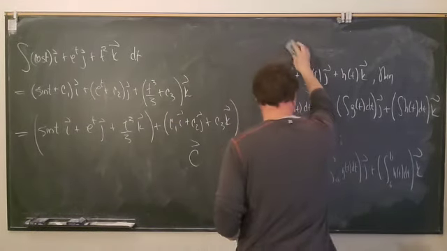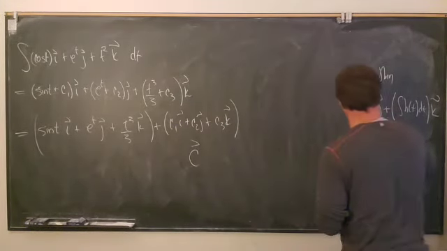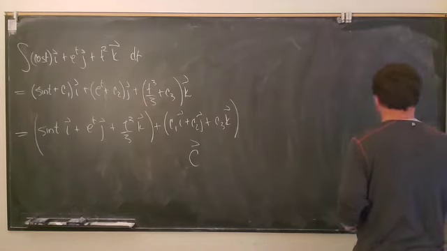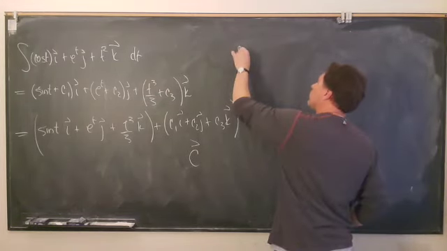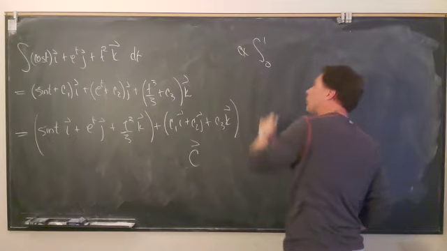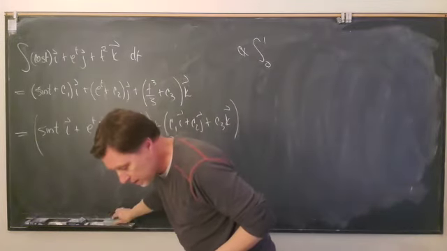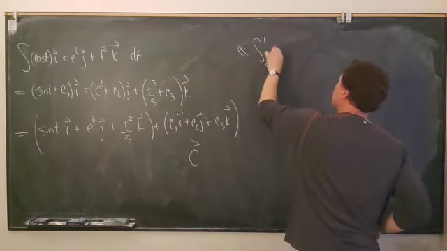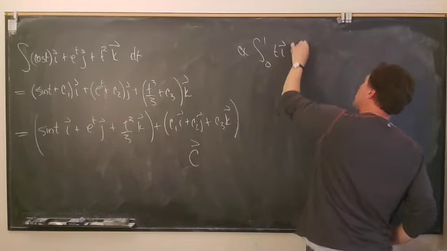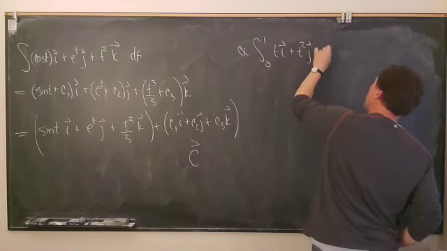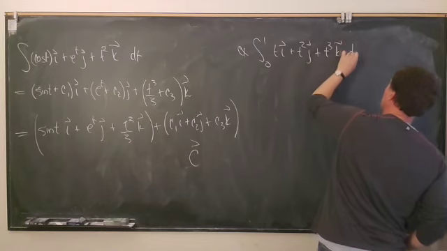Let's try one more example. We'll do a definite integral here. So let's do the integral from 0 to 1 of t i plus t squared j plus t cubed k dt.